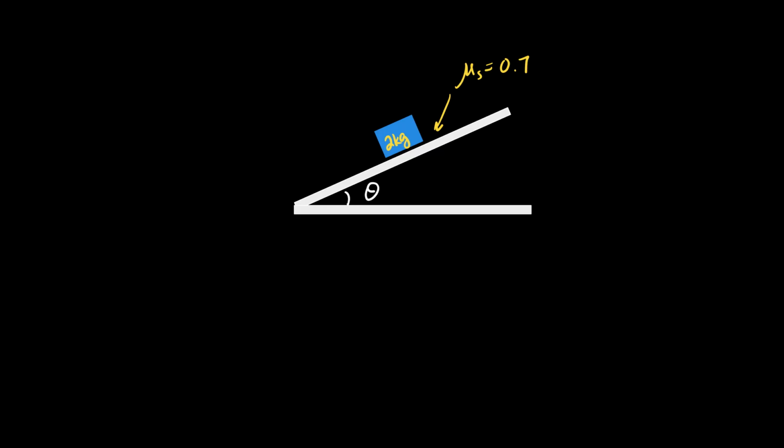Okay? So we have a static frictional force. We have a static coefficient of friction of 0.7. Okay? I'd like to find the maximum angle I can open up the book before the box will start to slide.